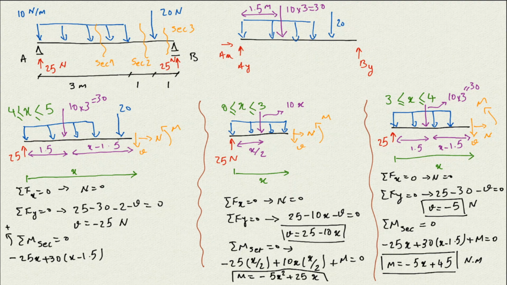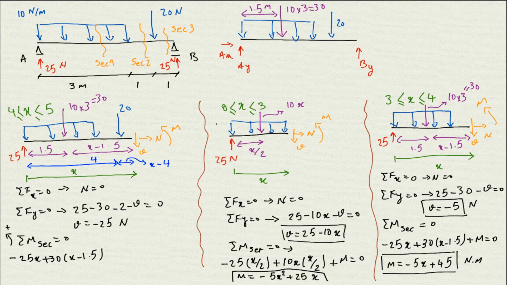And then we have these 20 here, and for the 20 it's a similar thing for the distances. If I want to show that, for example, this distance up to here is the 3 and 4, and this distance is going to be x minus 4.